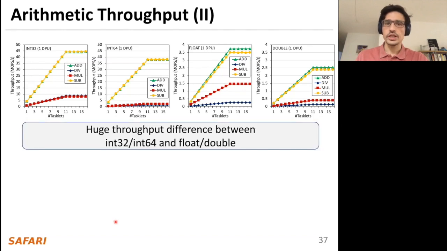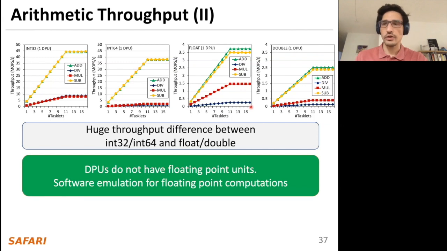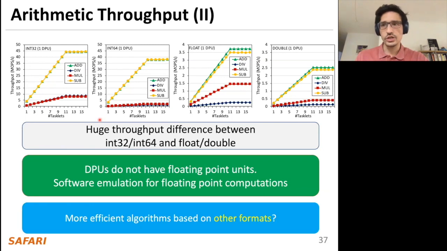The second observation is that there is a huge throughput difference between integers and floating point. And the reason is, again, related to the fact that we don't have floating point units in the pipeline, so it's necessary to use software emulation. And as you can guess, it is even more costly than performing multiplication or division. As potential ideas for future research, let's try to find more efficient implementations of these emulation algorithms, maybe try different formats.